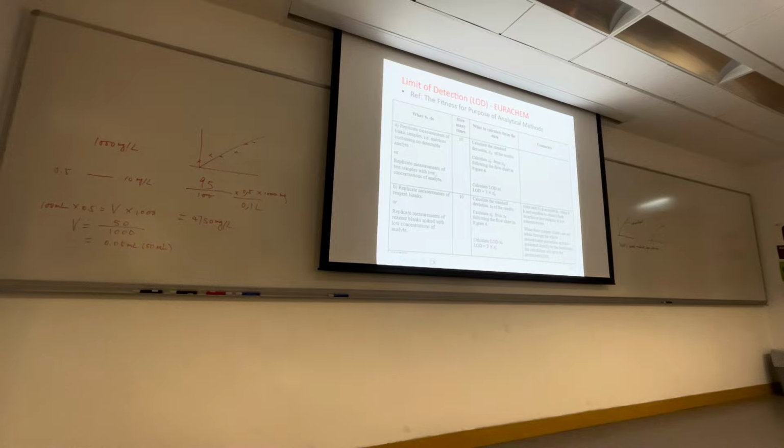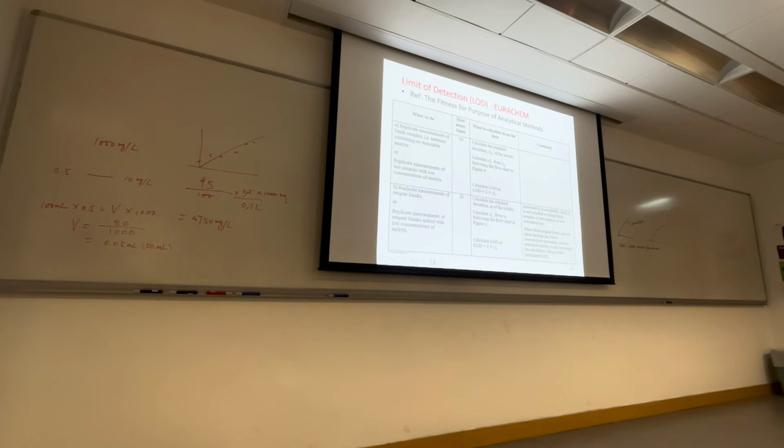This is the guideline for how to determine the LOD and LOQ. LOD and LOQ are determined simultaneously. We don't need to repeat the test. Replicate measurement of a blank sample, a matrix containing no detectable analyte, or replicate measurement of a test sample with low concentration of analyte, 10 times, okay?